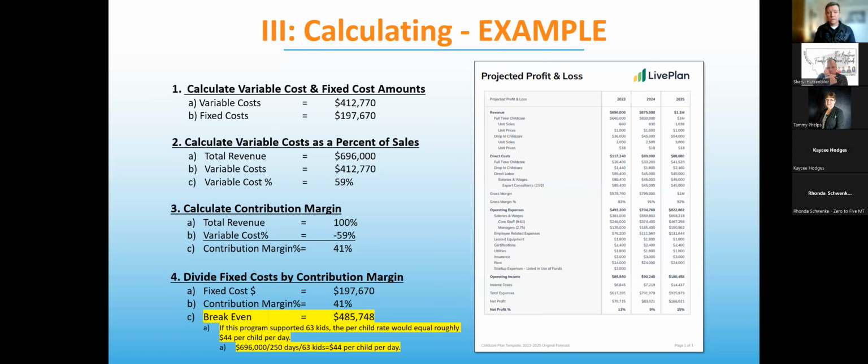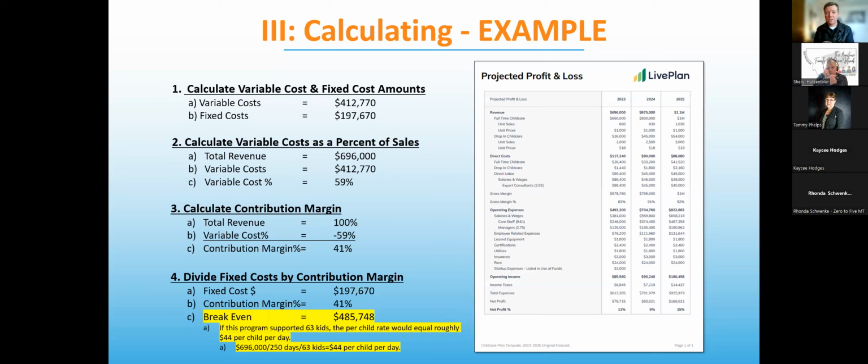Total revenue in year one in this example is 696,000. I've divided the variable cost, 412,770, into 696 to get our variable cost percentage. Subtracted 59%, which is the variable cost percentage, from 100% to get 41% as the contribution margin.